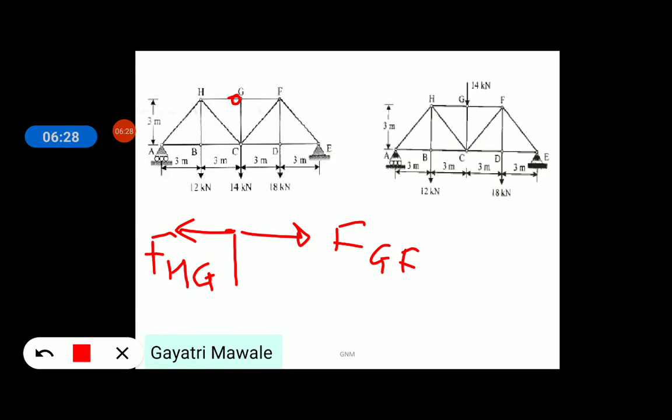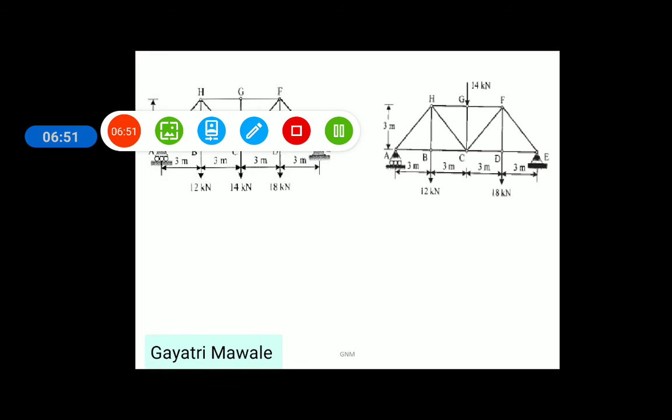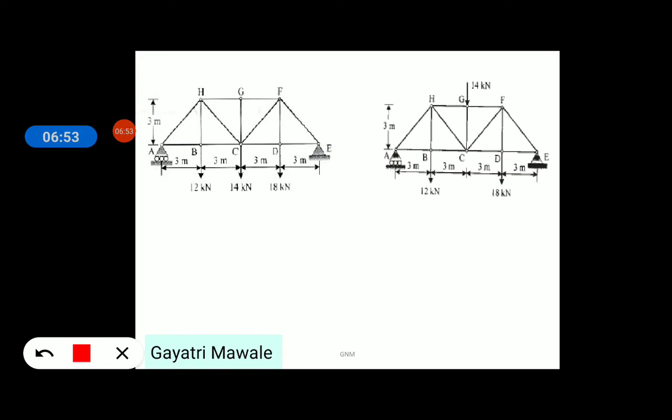But to balance the vertical force in the GC member, there is no other vertical force acting at joint G. So this force must be 0 in magnitude, and therefore this member here is a zero force member. Further, there will be no other zero force member here.